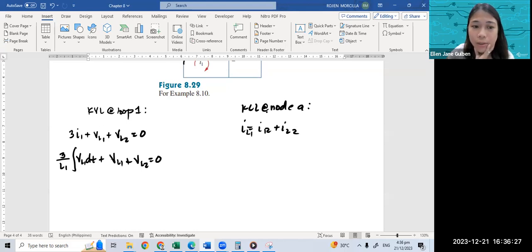And then this one we also convert to integral of VL1 dt over L1.